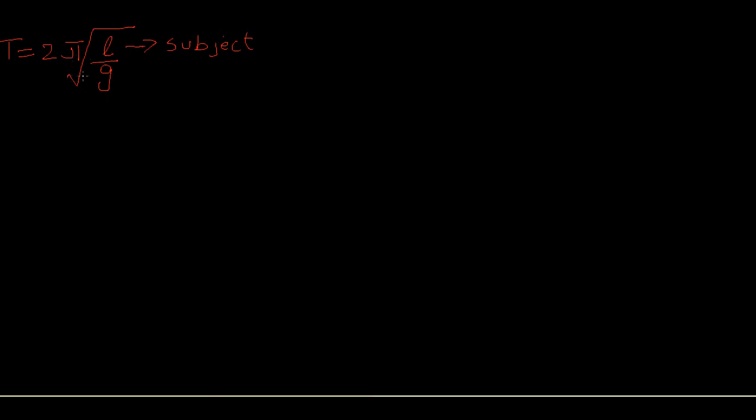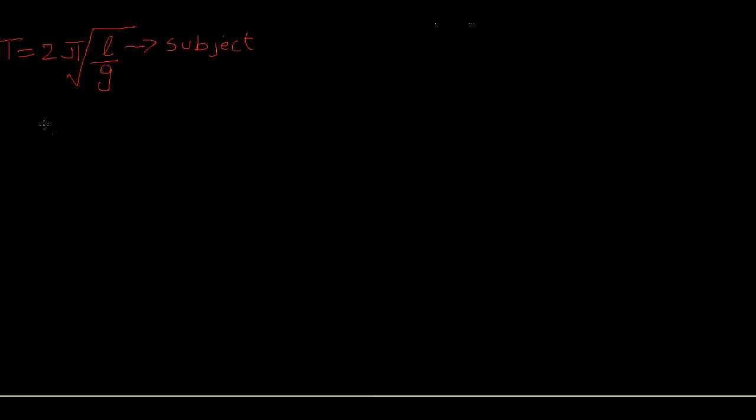In any equation, if you find a square root, through the algebraic method you can remove the square root first of all. So we take the square on both sides.